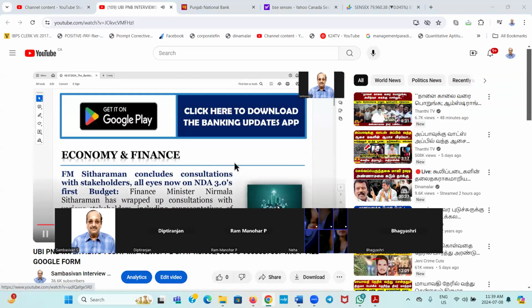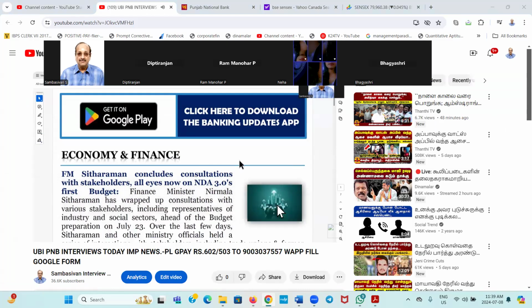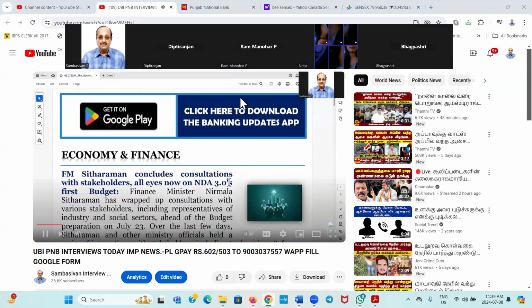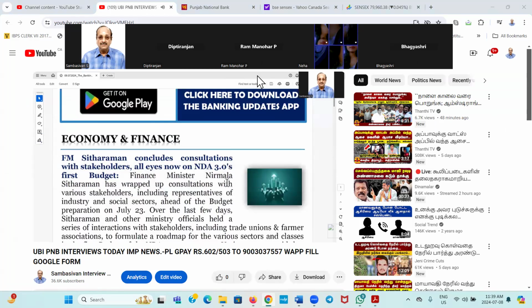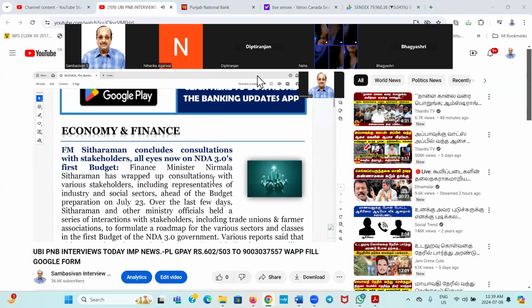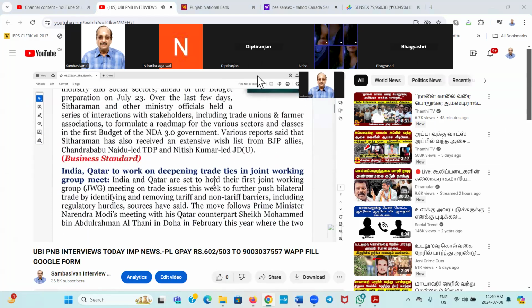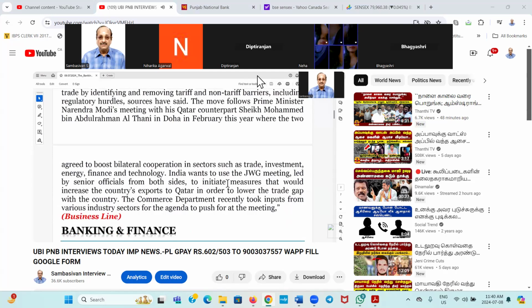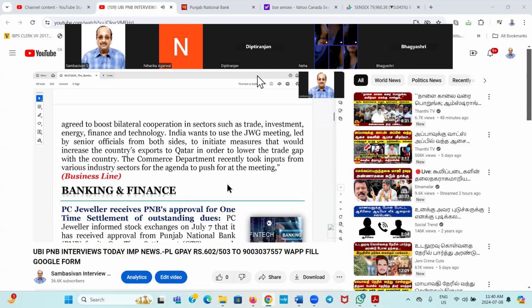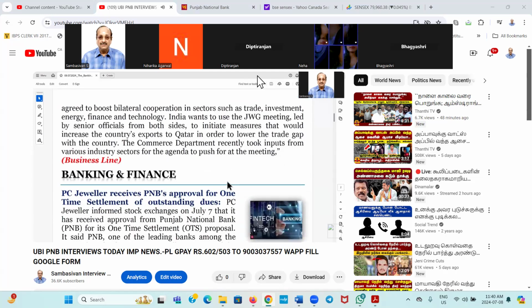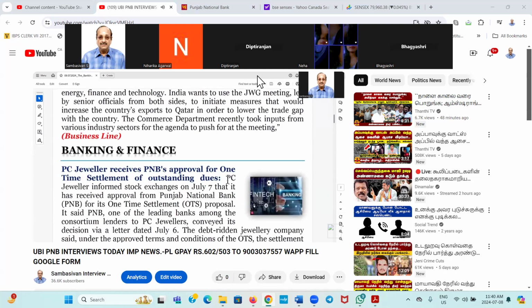Economy and Finance, FM Sitaram, Finance Minister Nirmala Sitharaman concludes Are you able to consultations with the stakeholders. All eyes now on Yes, sir. NDA Dipti Ranjan, are 3.0 you able to hear me? first budget. Yes, India sir. Qatar to work on deepening trade ties in joint working group meet. PC Jeweller receives PNB approval for one-time settlement for outstanding dues.